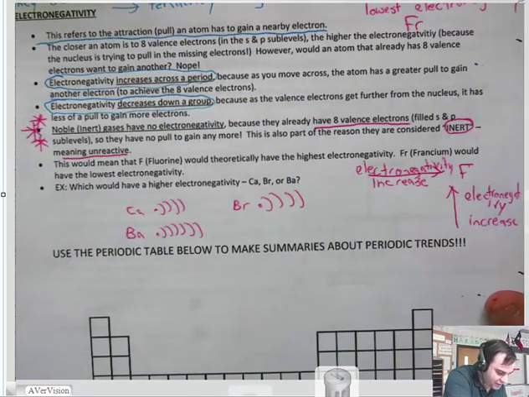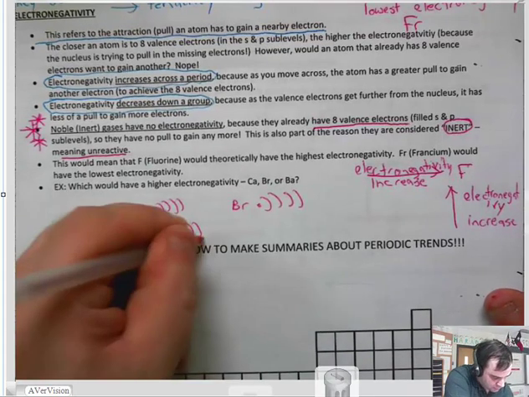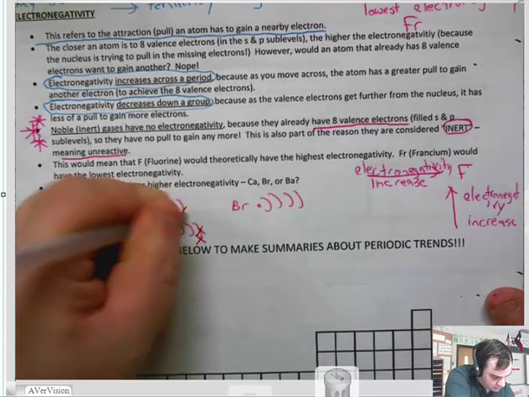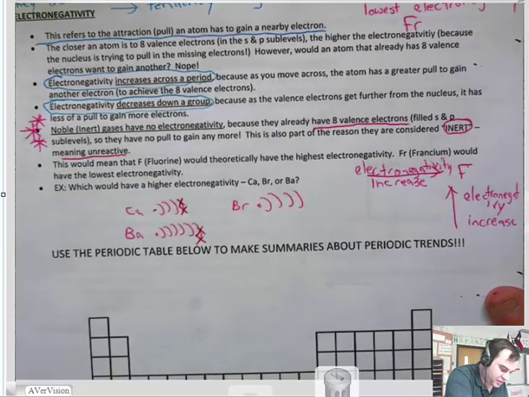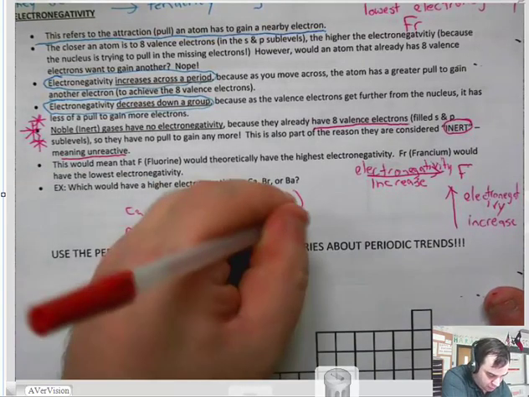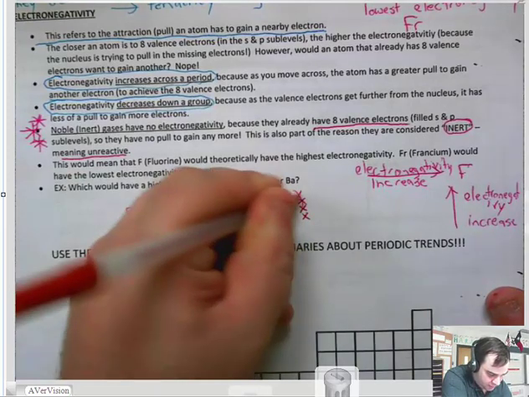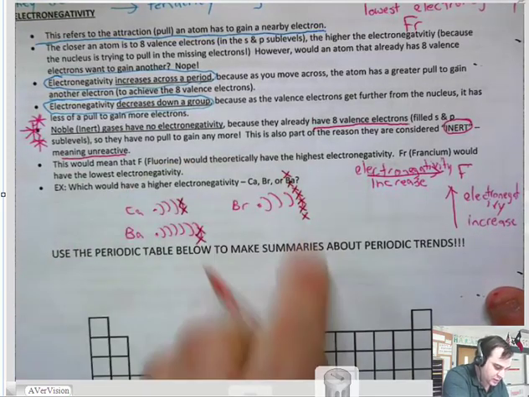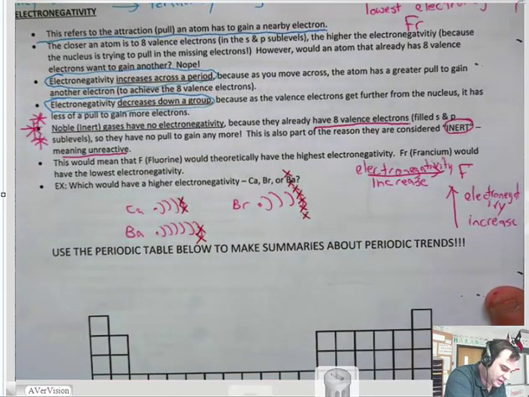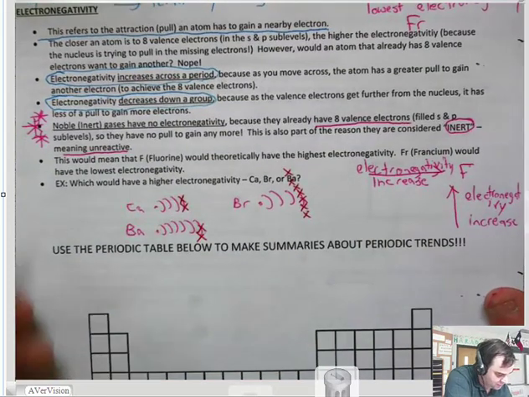So the smaller it is, it's going to have more electronegativity. These both have 2 valence electrons because they're in group 2. And bromine has 7 valence electrons. This is the one that is closest to getting to the 8 valence electrons here.